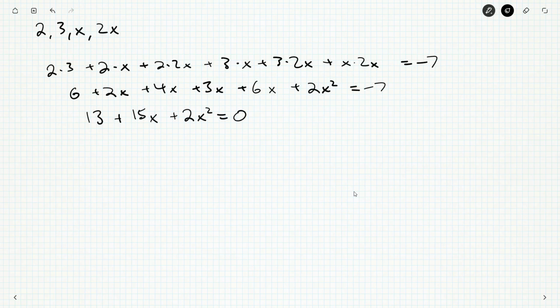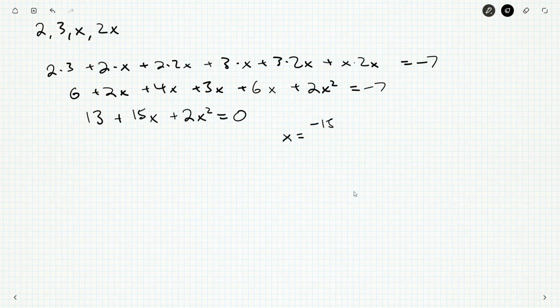Okay. There's probably a way to factor this, but I'm not so good when it comes to factoring when there's a number other than 1 there. So when in doubt, quadratic formula.